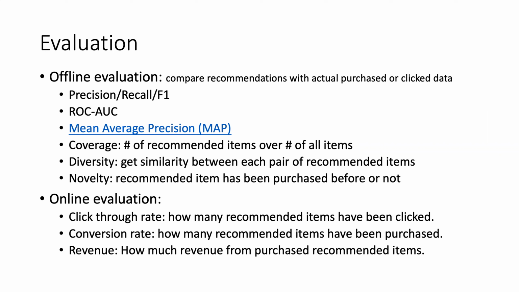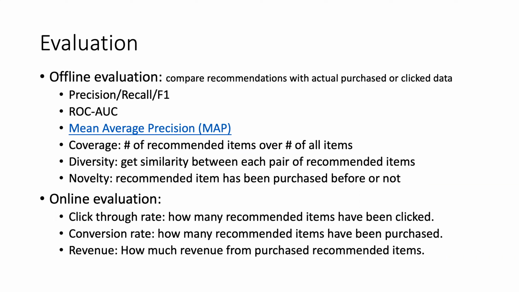For a recommendation system, evaluation is sometimes hard because most of the algorithms are unsupervised learning. For example, content-based filtering just gives you a similarity score. So how can you tell if this is a good similarity score or a bad one, right?